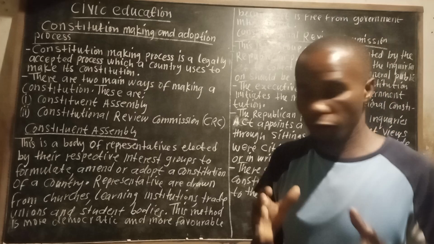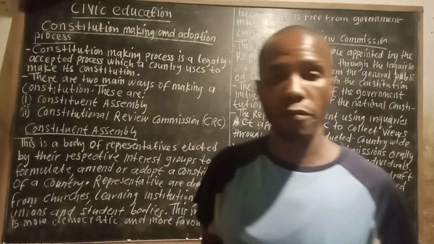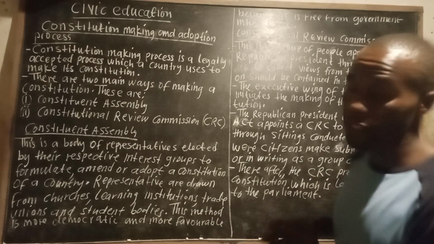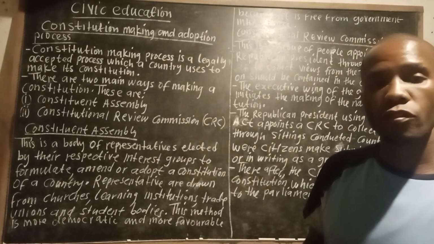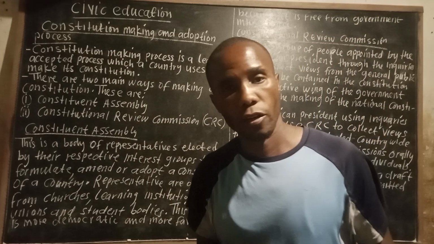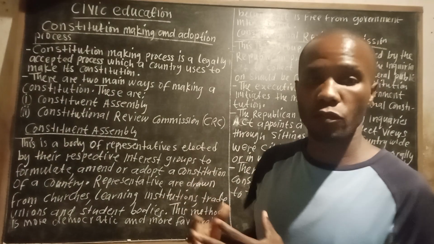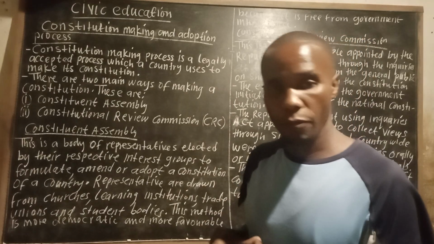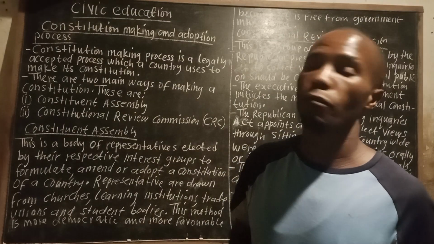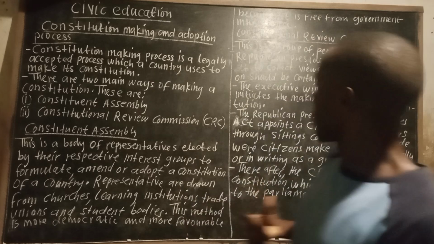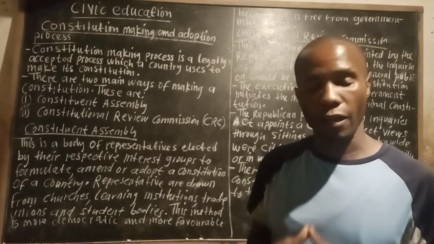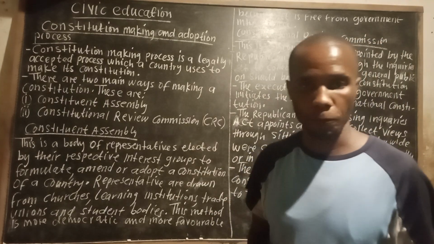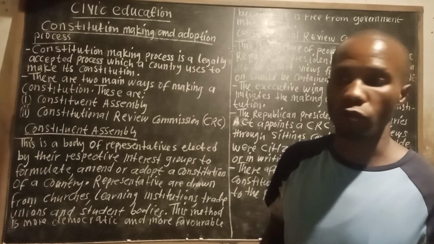The difference between the Constituent Assembly and the CRC is that for the CRC, the Republican president comes in. He selects the group of people who are going to inquire from the citizens what should be contained in the constitution.